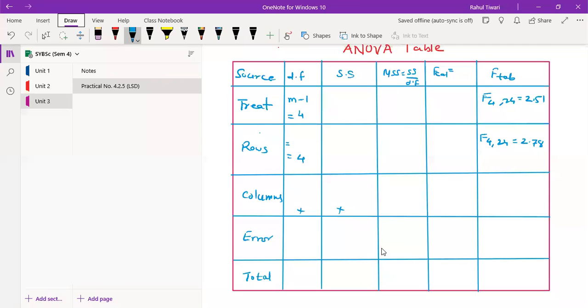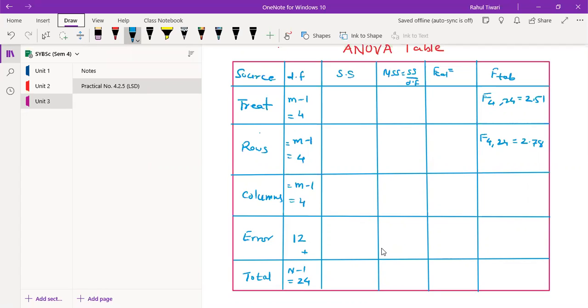So total is N minus 1, N is 25, so 25 minus 1 becomes 24. This would be again M minus 1, which is again 4. So 24 minus 4 minus 4 minus 4 becomes 12. So this you will get in terms of addition or subtraction.